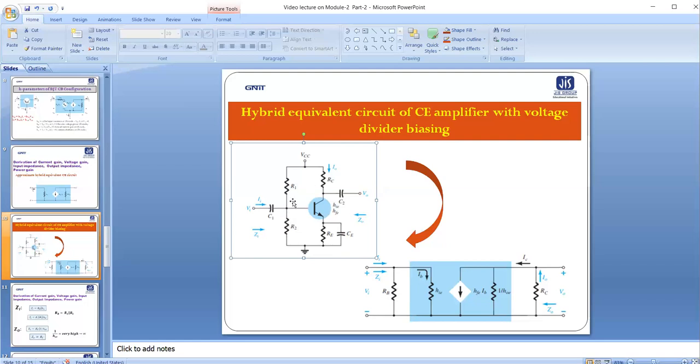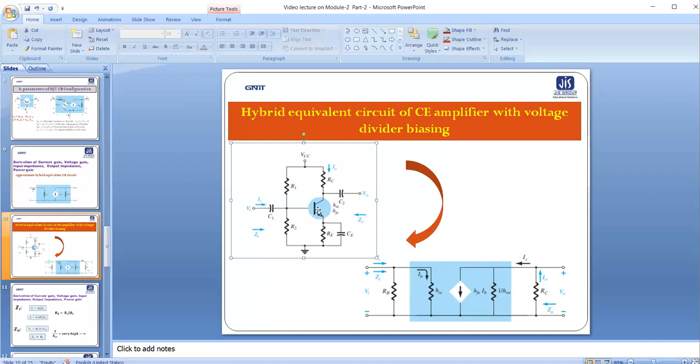We know from our basic electrical knowledge that when we connect VCC to the ground due to this AC analysis, this R1 terminal will automatically connect to the ground, and this is the common point. Thus R1 and R2 become parallel in connection, and the equivalent resistance of R1 and R2 is designated as RB.